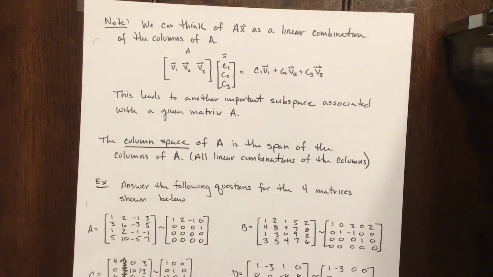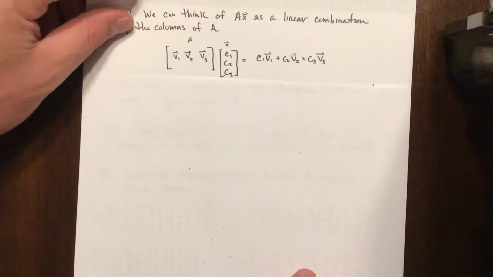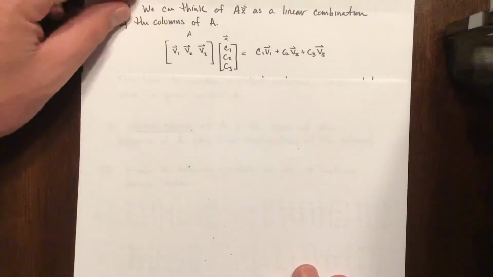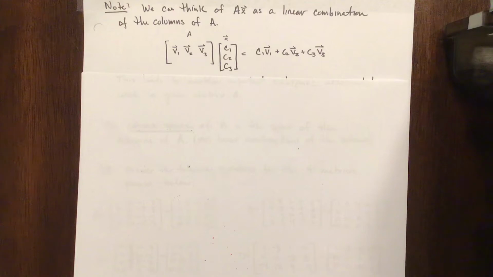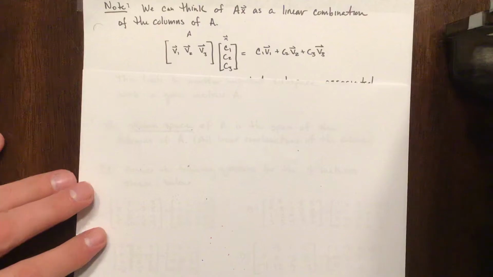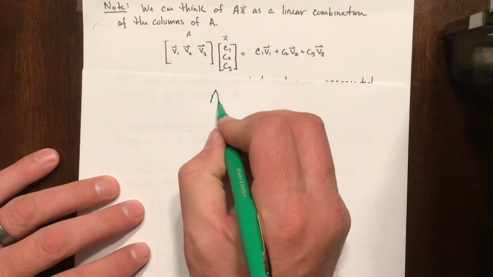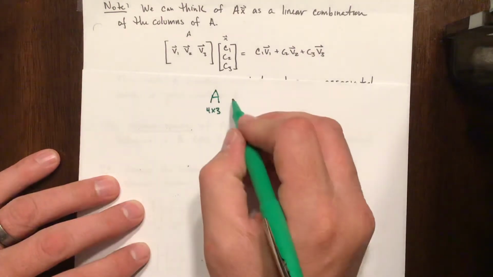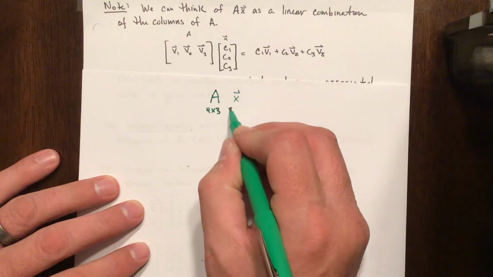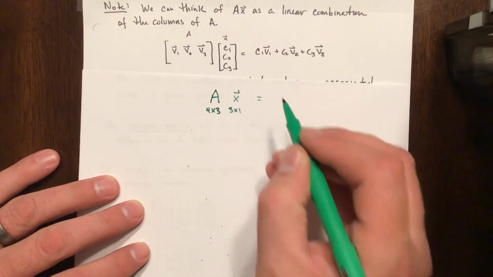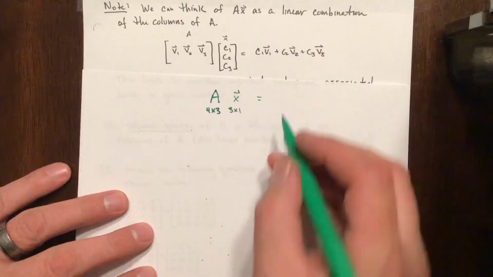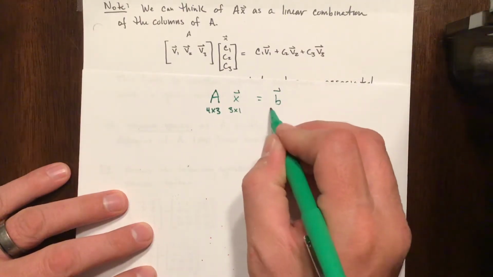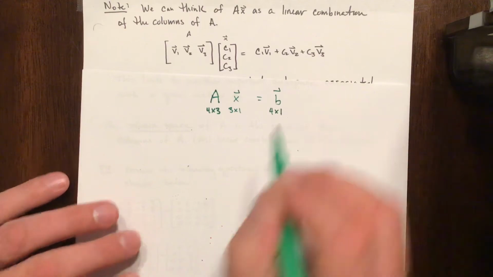Now, let's see if I can put together a picture that encompasses all that we've talked about. In light of the example that we've just done, I'm going to make a 4 by 3 matrix, and I'm going to multiply it by x, a 3 by 1 vector. What am I going to get out? I'm going to get out another vector, but the dimension of that vector is 4 by 1.